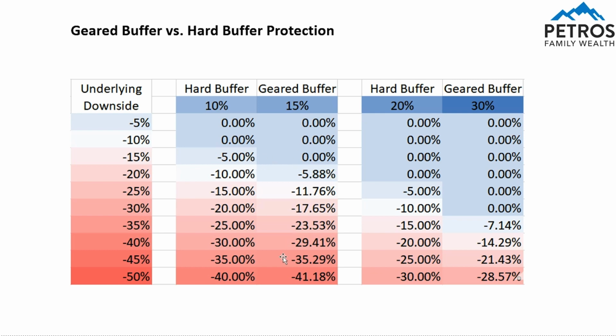But the break-even point is not until a negative 40% return. And so particularly if it's a longer term, 5-year type of growth product, then it might make sense to have the geared buffer, which protects for more scenarios generally, but then helps enhance the upside if the market over that 5-year period is rather fruitful.